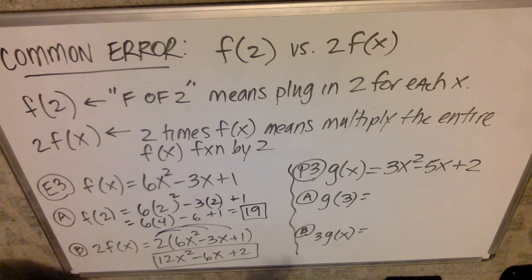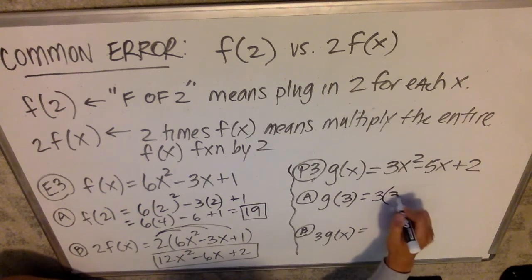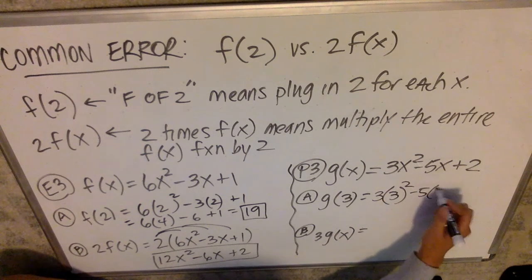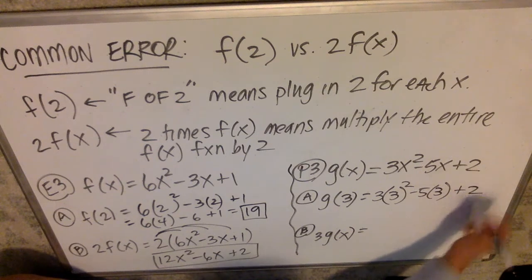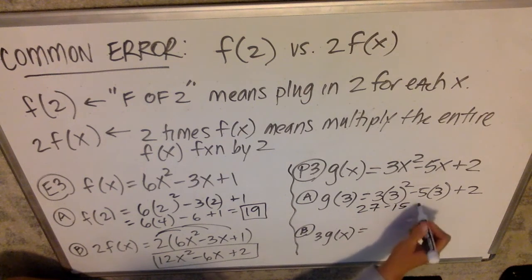So I'm going to try the same with P3. Feel free to pause me if you want. So g of 3 is going to be 3 times this 3 squared minus 5 times 3 plus 2. So that's going to be 3 times 9, so it's 27 minus 15 plus 2.